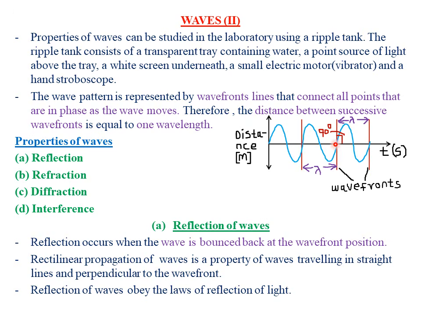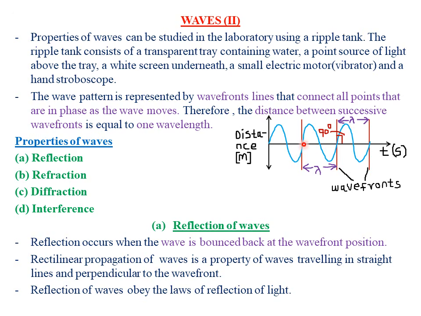Again, that simply tells us that the distance between any two successive wavefronts will be equal to one wavelength. Because remember, under waves 1, we defined wavelength as the distance between any two successive points on a wave that are in phase.